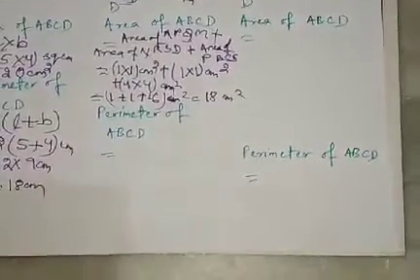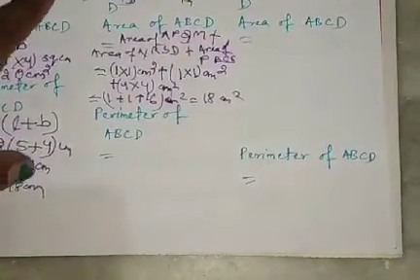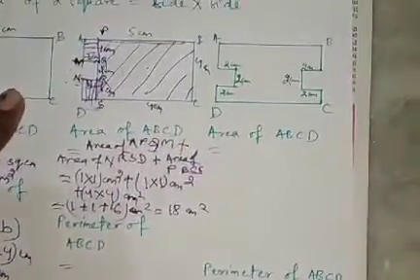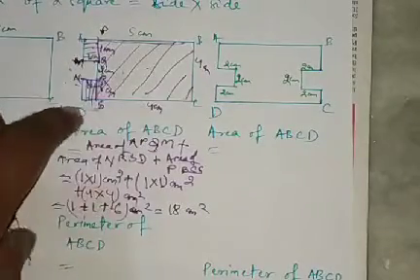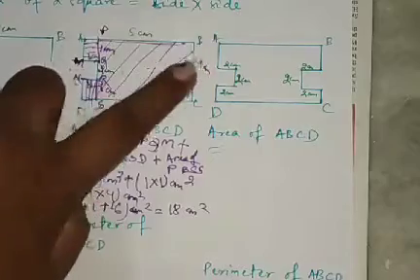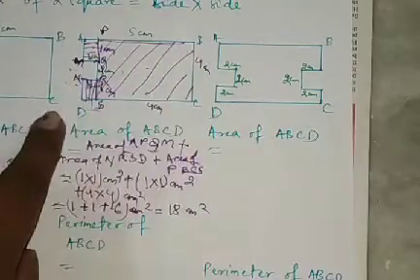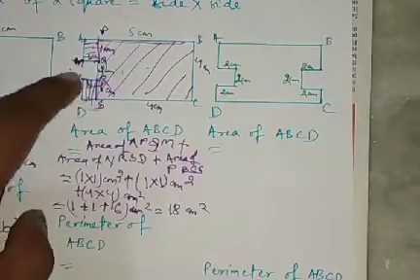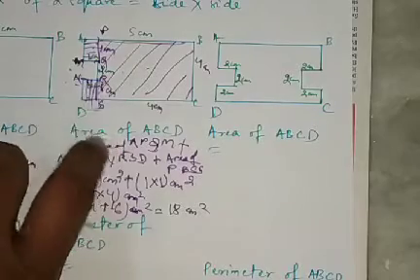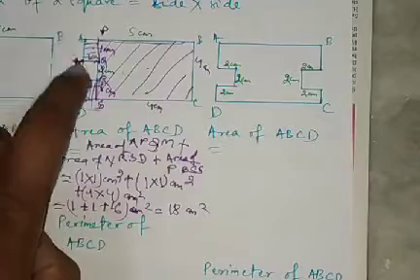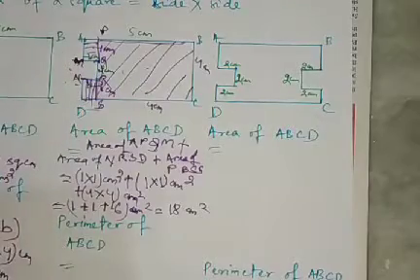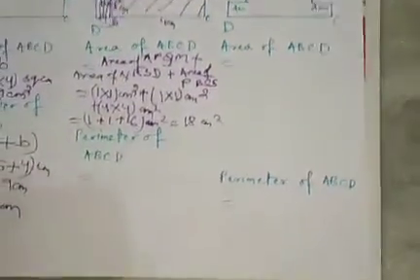Now you can find out the perimeter. Let's see the perimeter. Perimeter of ABCD is AB plus BC plus CD plus ND plus NR plus RQ plus QM plus AM. Like this you will write the surrounding sides.